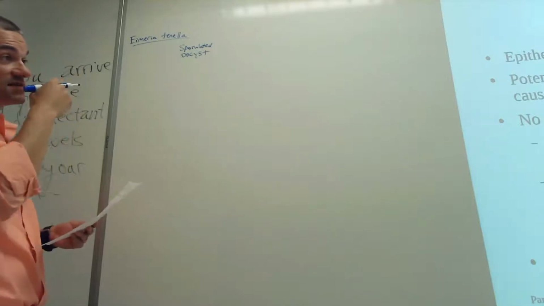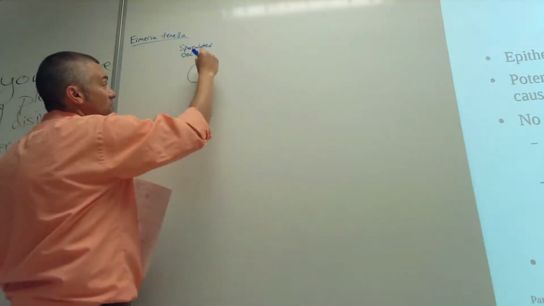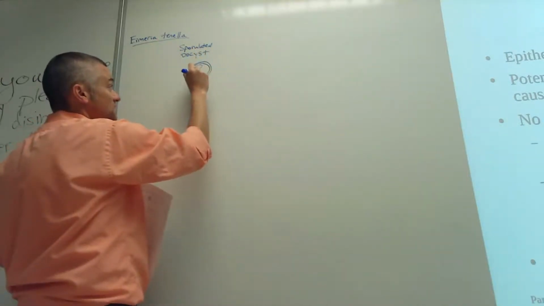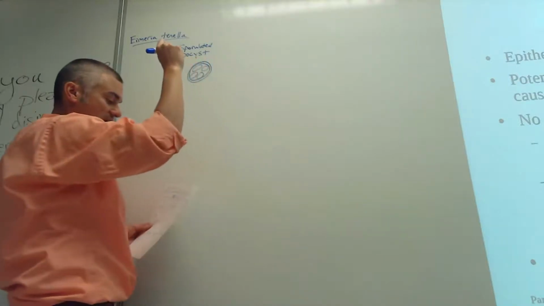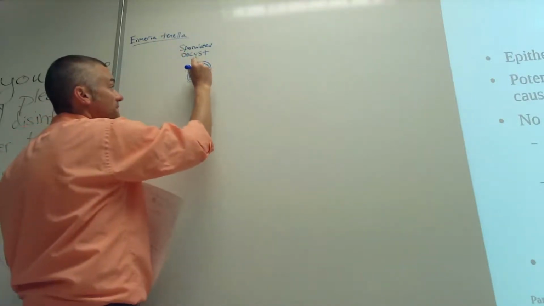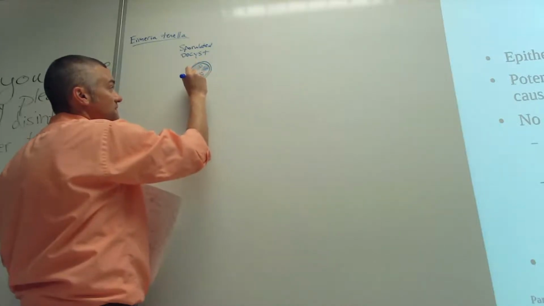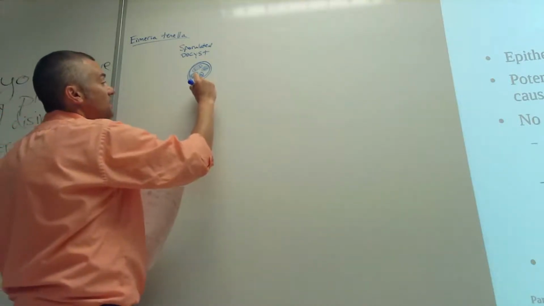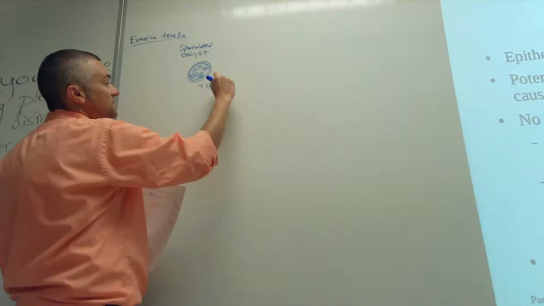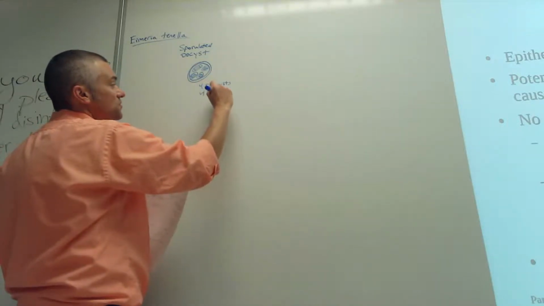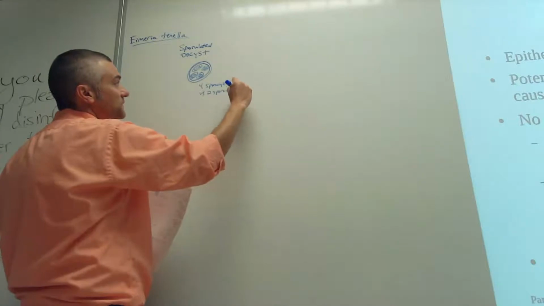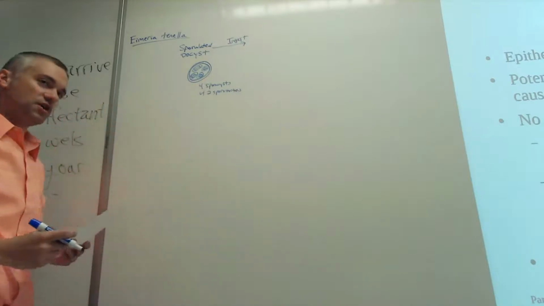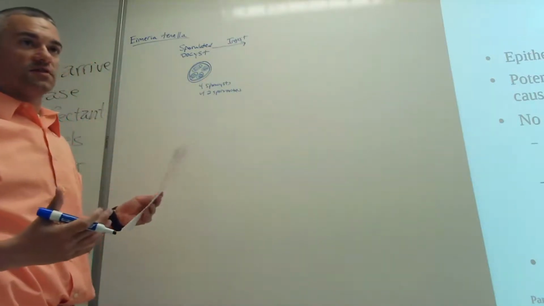This sporulated oocyst is a double wall oocyst that's going to have four sporocysts, each with two sporozoites. So our chicken is going to ingest this sporulated oocyst.